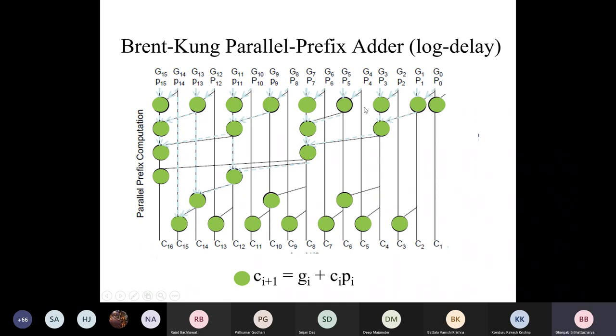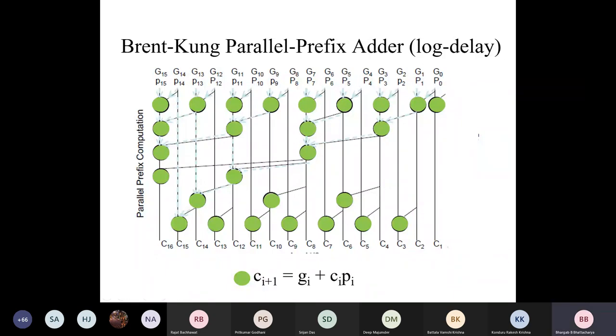But instead of x1, x2, x4, if you give this kind of inputs, G's and P's, it will exactly generate these carry signals. So all the carry signals can be generated by a single prefix tree. You don't need n copies of those prefix trees. You got the idea?